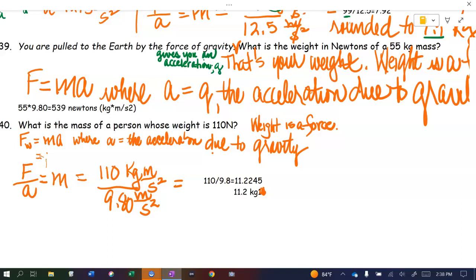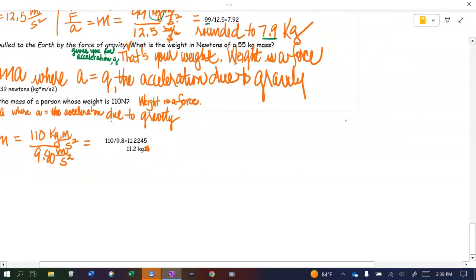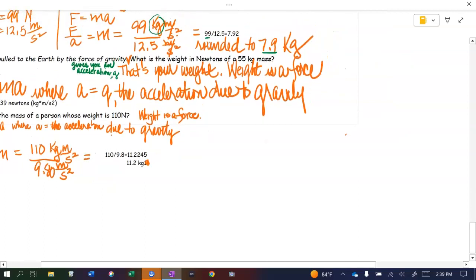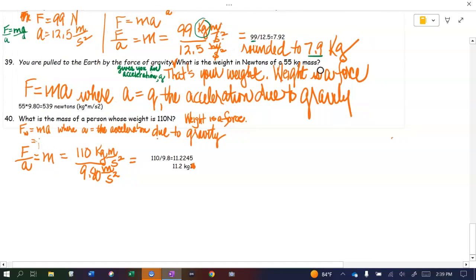So, where it says F equals ma, the acceleration due to gravity, all right, let me see, did I solve this anywhere? Oh, yes, I did.